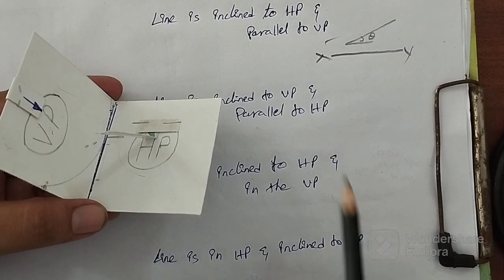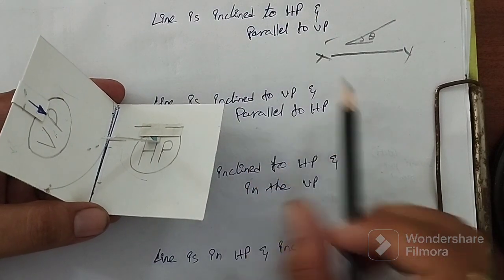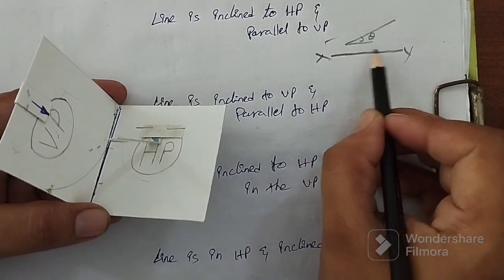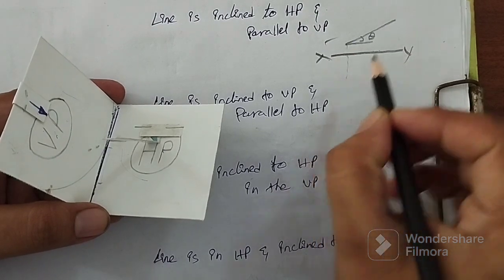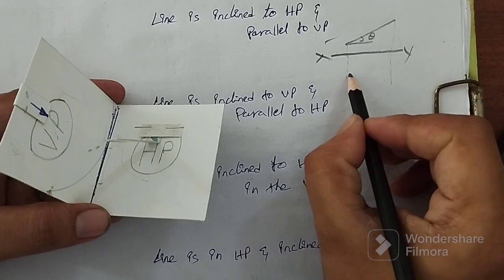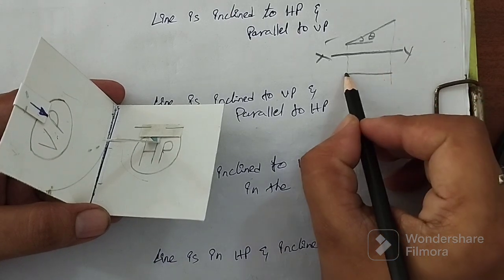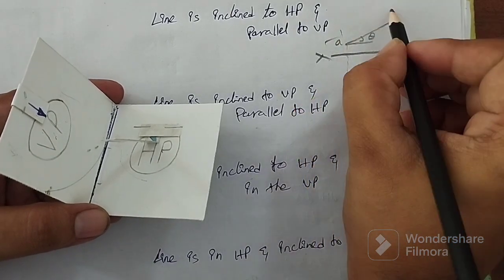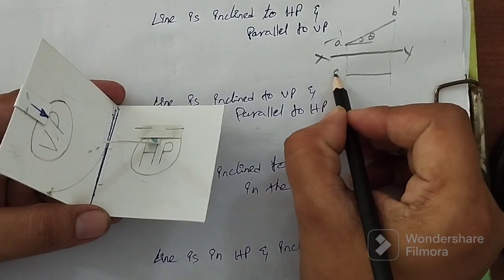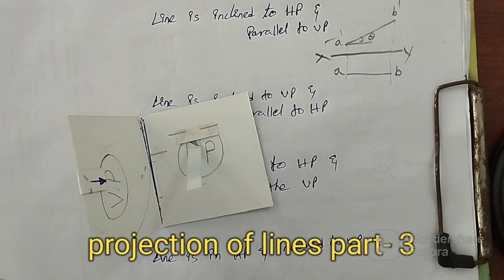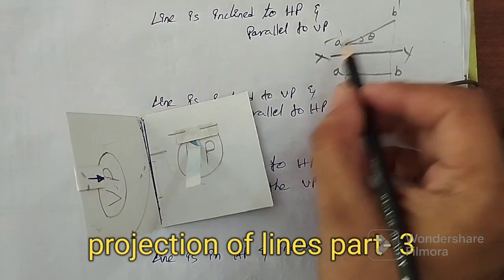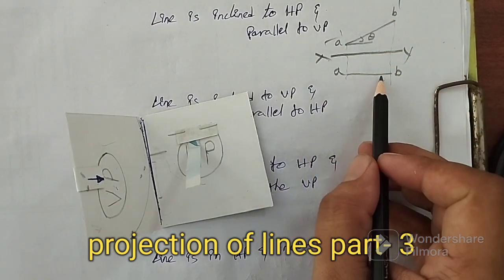And they told parallel to VP. Obviously it is parallel to VP, right? So I'll draw the projections here. If this is A dash, this is B dash, here you will have A, B. So A dash, B dash, and A, B.